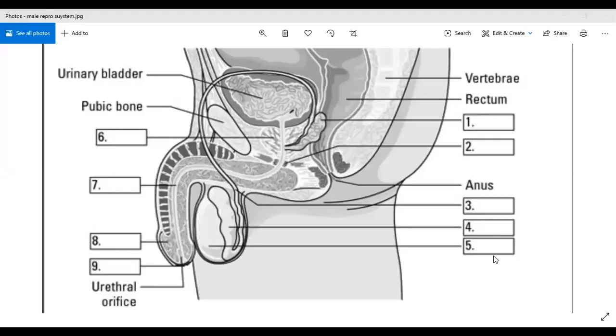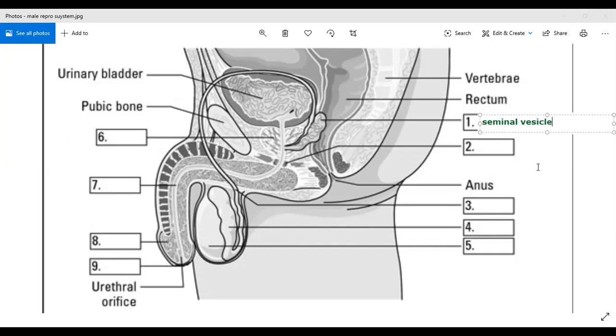So who wants to supply me with number 1? What is structure number 1? The seminal vesicle. Yes, that is a seminal vesicle. Thank you, Krista. Okay.